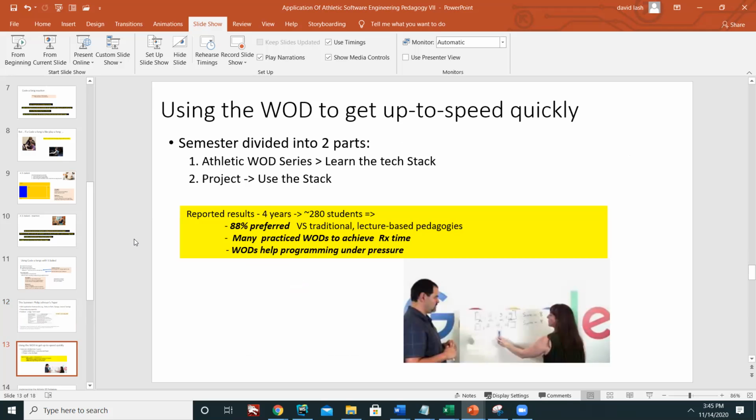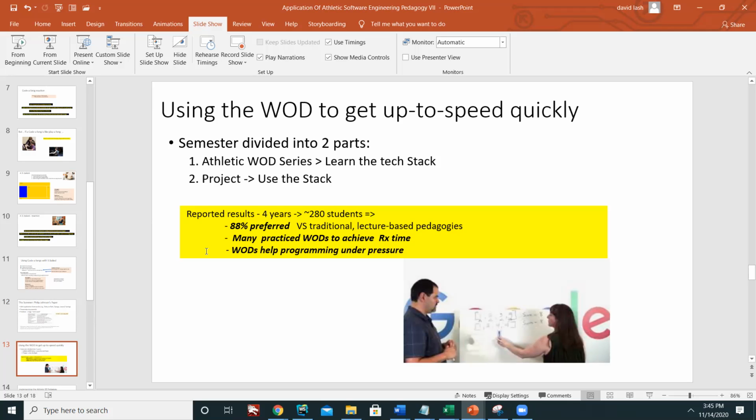They go through a series of workouts where he pulls out the fundamentals he's trying to teach, and I'll give you more about that in a second. Then in the second part of the semester, he lets them develop their project. He's reporting that students greatly prefer that over traditional pedagogies, but go figure.